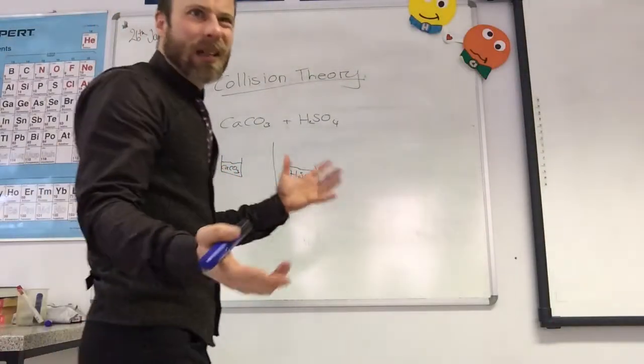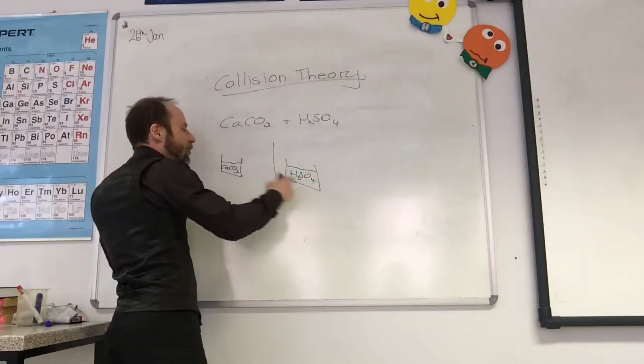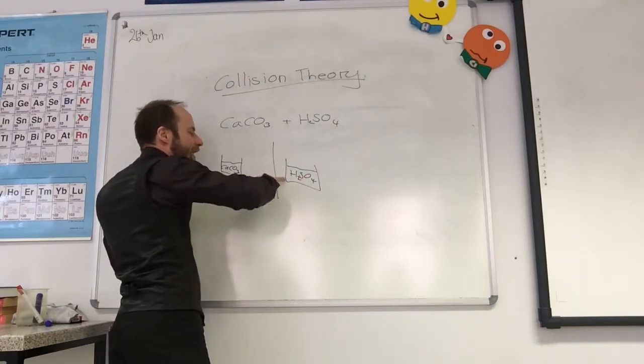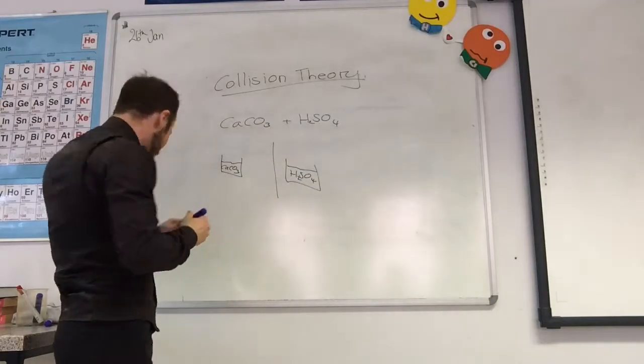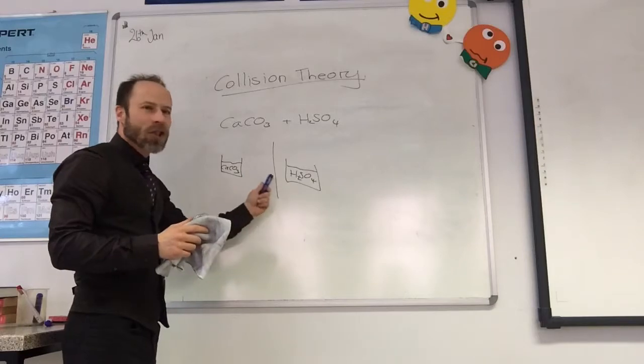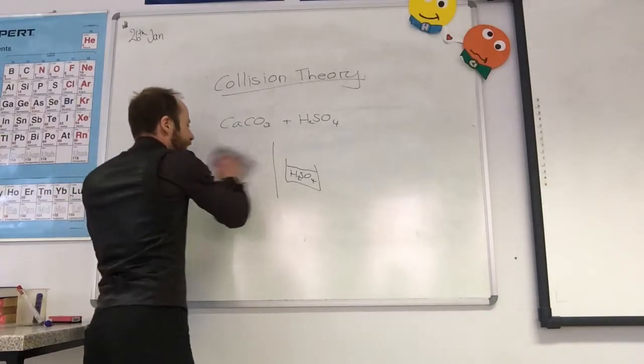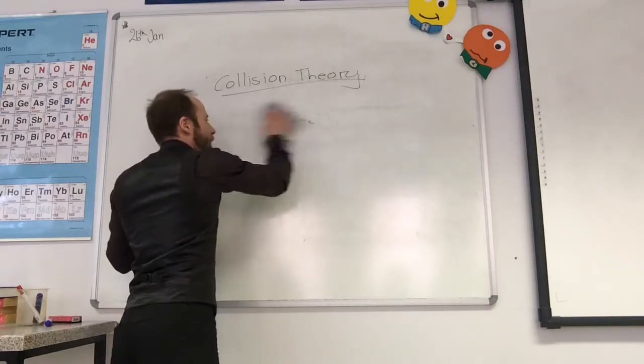So if they're kept separately, it's kind of common sense, nothing's going to happen. But if we can mix them up, and the particles collide, they meet, then I'm going to get a reaction take place. What we're going to look at is how we can change how fast my reaction goes, and we use collision theory for that to work.